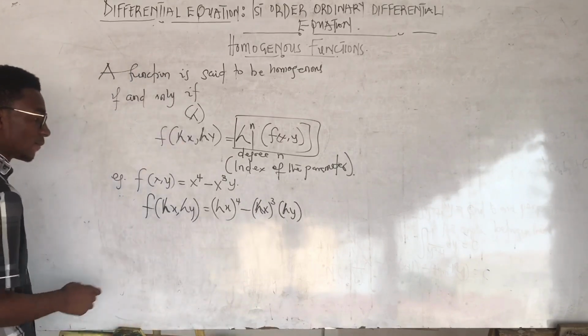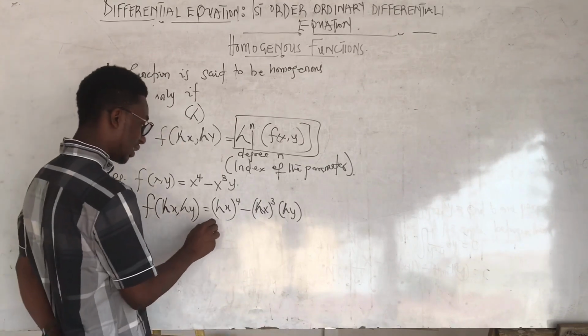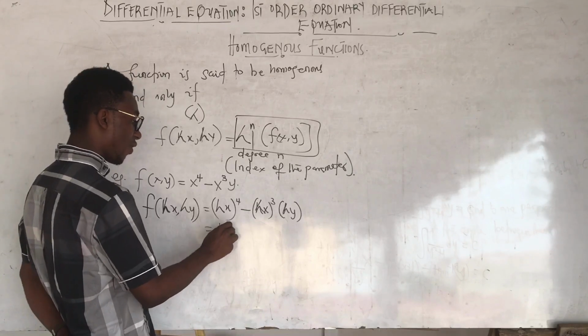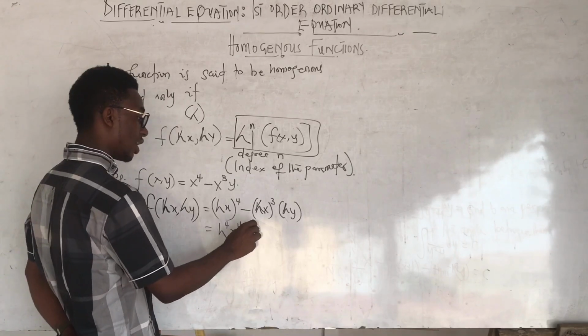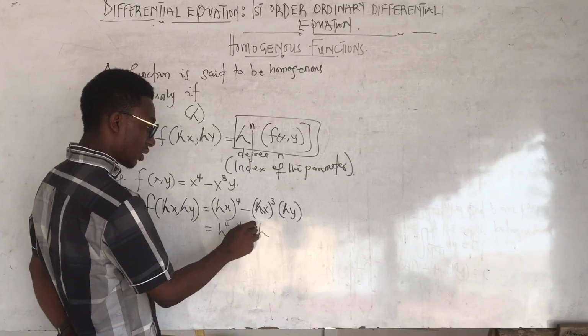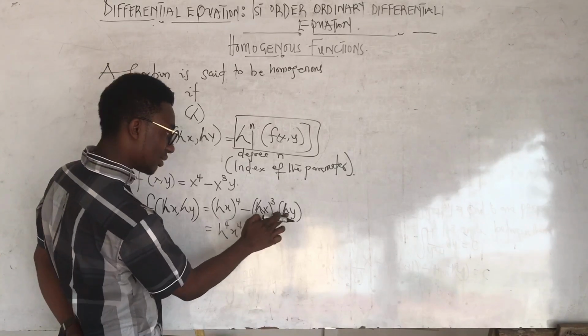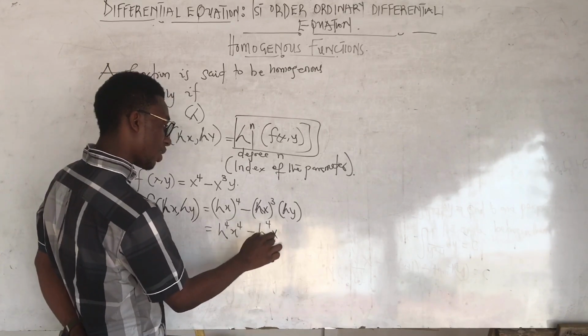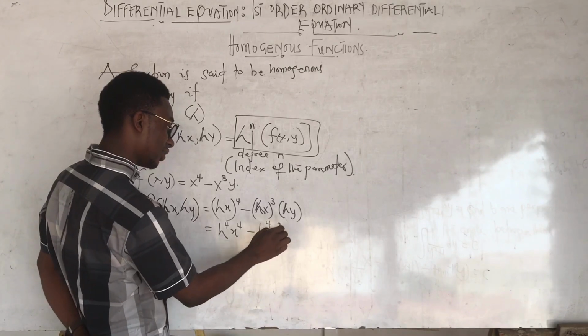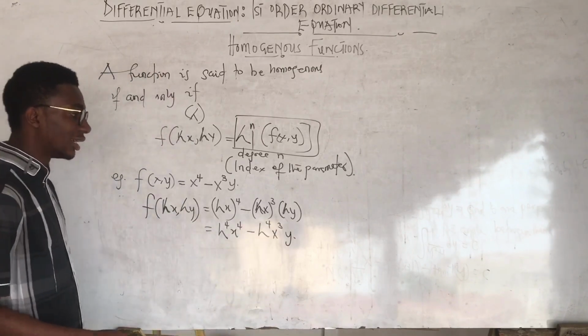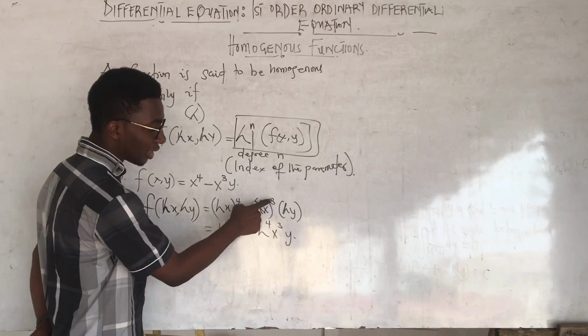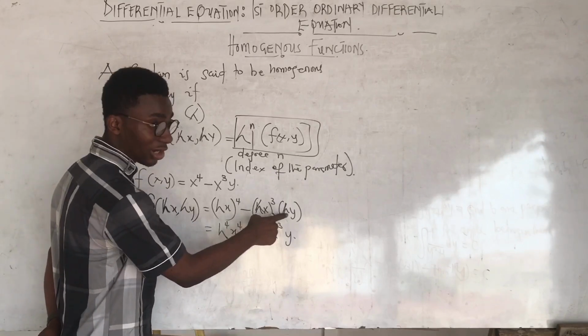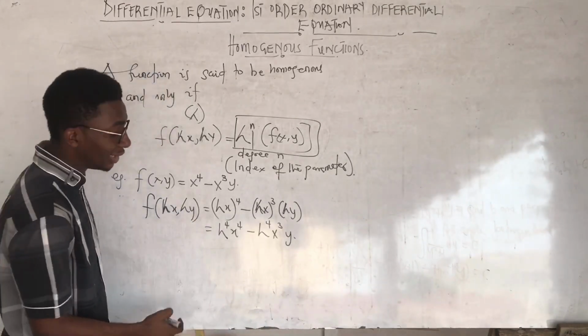When you express this, you get lambda exponent 4, x exponent 4, minus lambda times lambda, which will give you lambda exponent 4, x exponent 3, y. Let me expand it: lambda cube, x cube, multiplying lambda y.